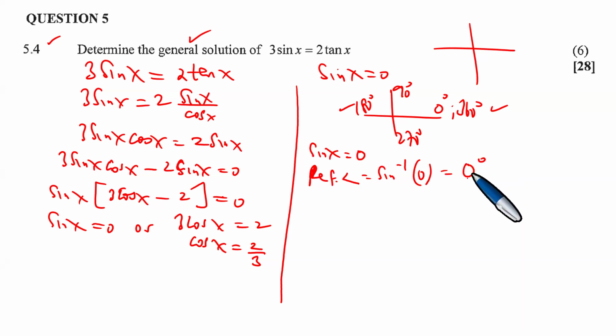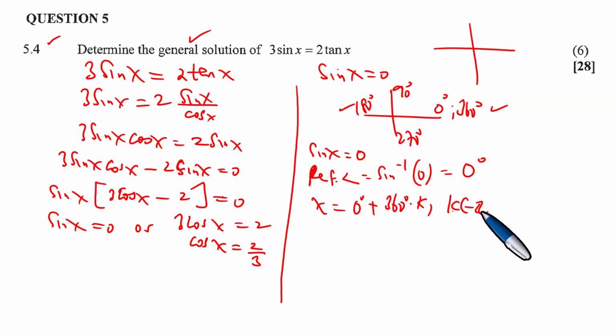So this would be 0 degrees. Therefore x is 0 degrees plus 360 degrees times k, where k is an element of the set of integers. That is the 0 degrees you've got, but you add multiples of 360.